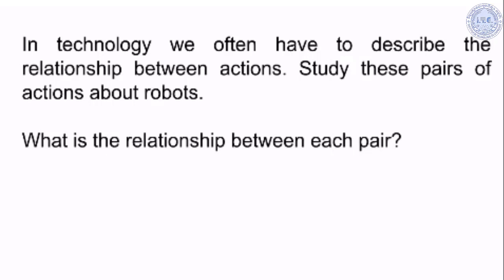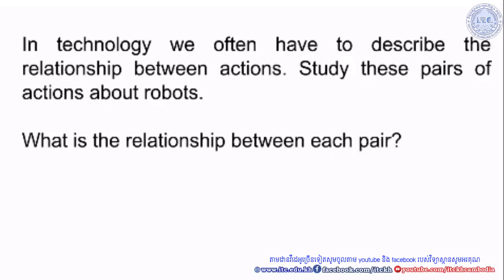Moreover, you have to describe the work in chronological order, or in a relationship, which means that one action or activity might be related to another action or activity. That's why we need to be aware of and study these pairs of actions.